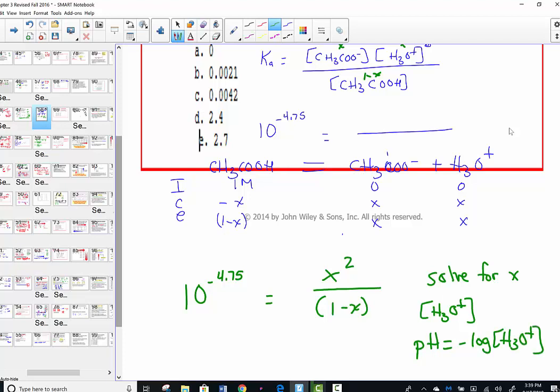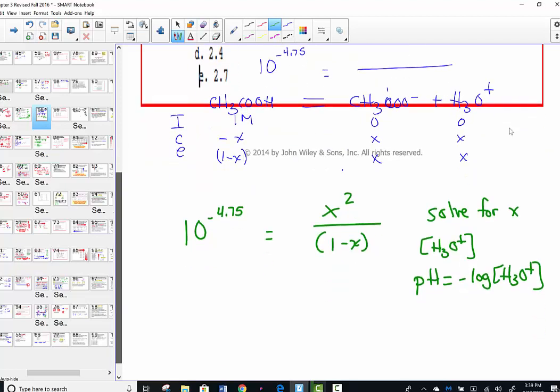That's our solution pathway. I'm going to hit 10, caret key, raised to the negative 4.75, equals, and I have a value of 1.78 times 10 to the negative 5th equals X squared over 1 minus X. Let's bring that 1 minus X up to the left side.